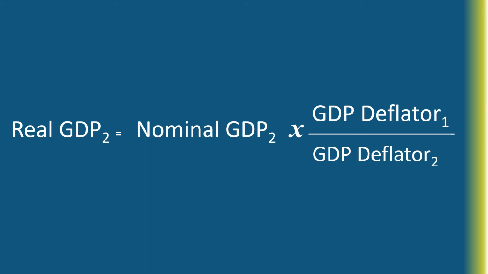And so to figure out time period 2's real GDP, we can take its nominal GDP multiplied by the price index from the previous or other time period divided by the price index of this time period, right? So data on both money GDP and price changes are essential for meaningful comparisons of output between 2 time periods. And this equation allows us to do these things.